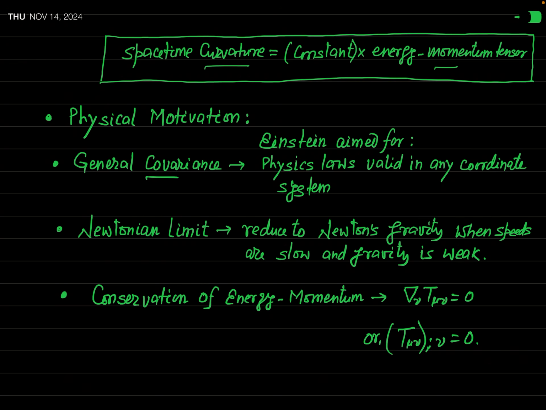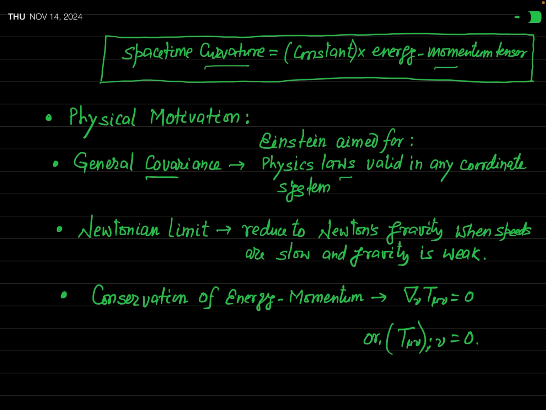While providing this field equation, Einstein's aim was the consideration of general covariance. It means the laws of physics are valid in any coordinate system. So Einstein provided an equation in such a form that it holds in all coordinate systems. And you know, a tensor equation is valid in all coordinate systems. So Einstein thought that the field equation for gravitation must be in tensor form.